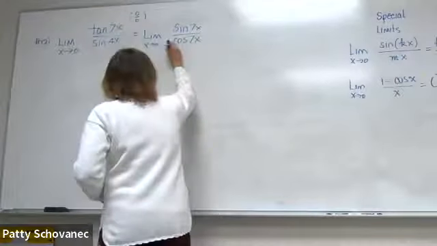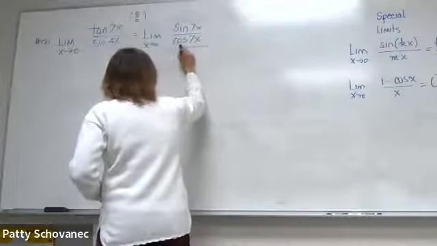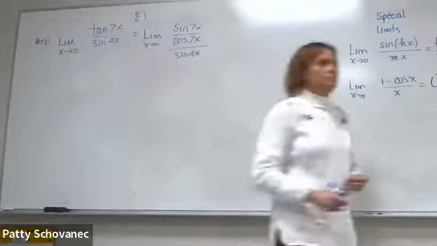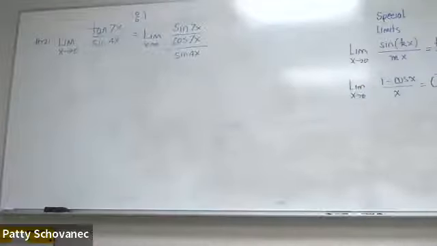And then all of that's divided by the sine of 4x. Let's put all that in the same line. Dividing by that sine of 4x is the same as multiplying by 1 over the sine of 4x.